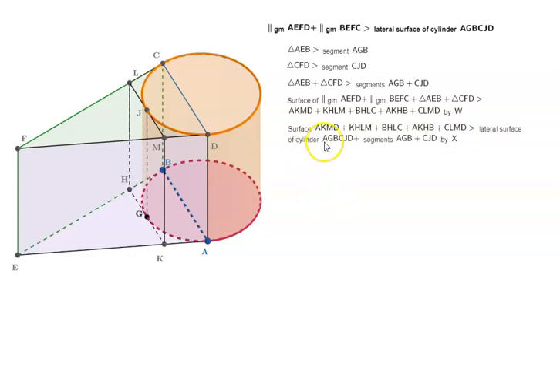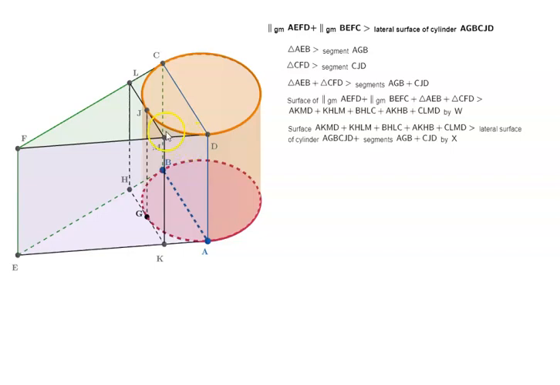Now, the surface AKMD plus KHLM plus BHLC plus AKHB plus CLMD, this solid, is greater than the lateral surface of the cylinder AGBCJD plus top and bottom, that is circular segment AGB plus the circular segment CJD.